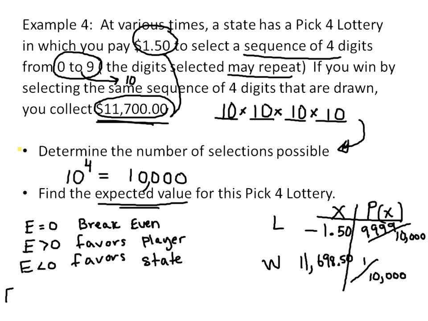All right, so the formula says that we're going to multiply X with its probability. So that's negative $1.50 times the probability. We have a numerator and a denominator, that's our probability.